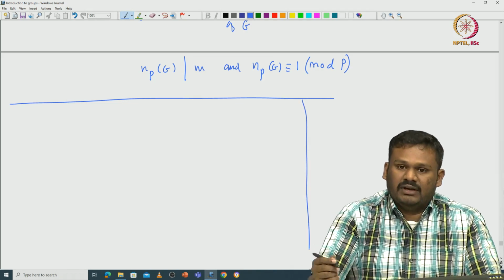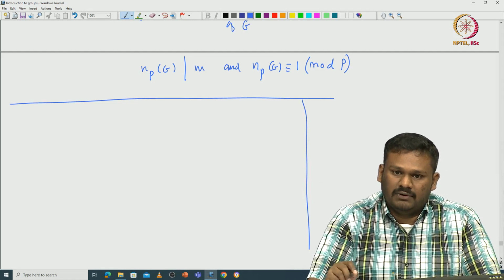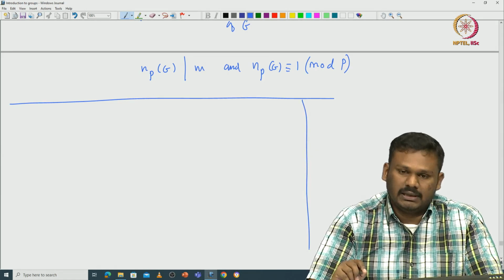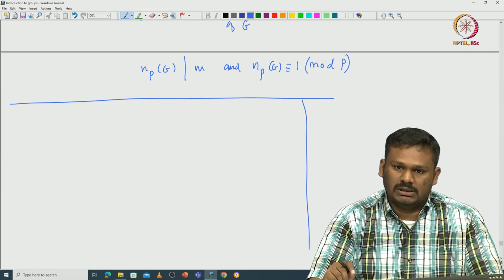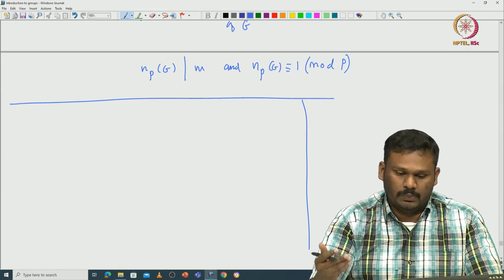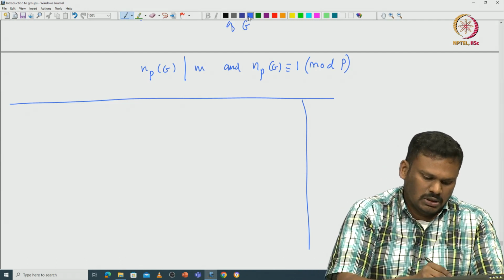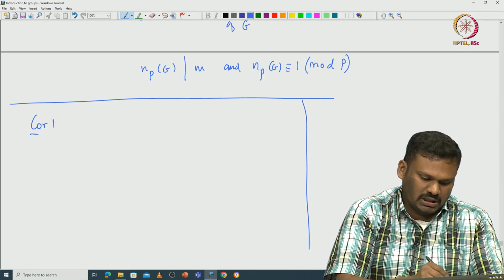Let us use it and try to conclude many interesting corollaries. The very first corollary one can apply for finite abelian groups. It is clear that any finite abelian group is just a direct product of its Sylow p subgroups. That is called the primary decomposition theorem. So, this is the first corollary.